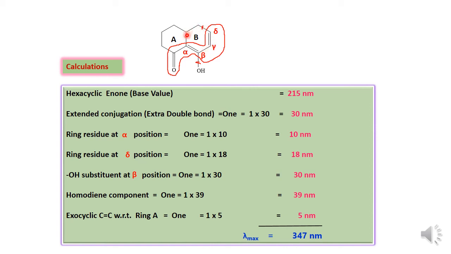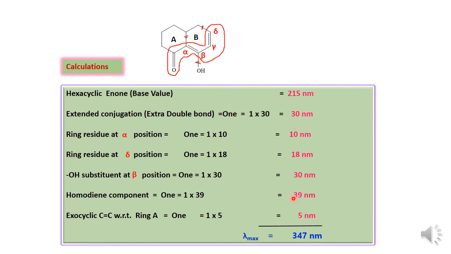So in ring B, a diene system is there, these two conjugated double bonds are in the same ring, and that's why there is one homodiene component. For one homodiene component you have to add 39. If there are two homodiene components, then you have to add 2 times 39. So here, as there is only one, you add 39 nanometer.